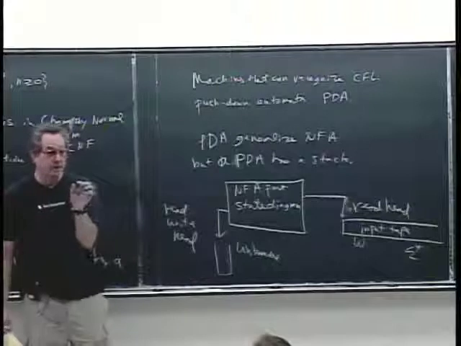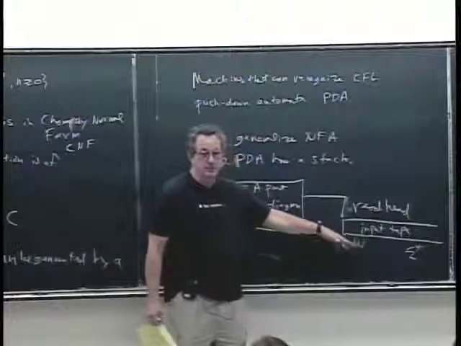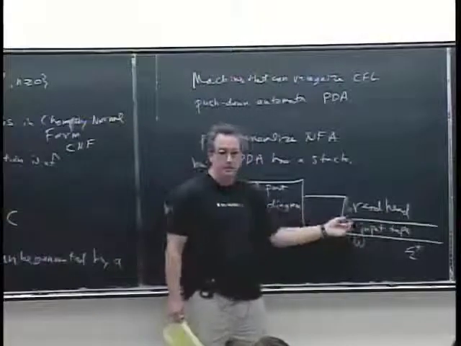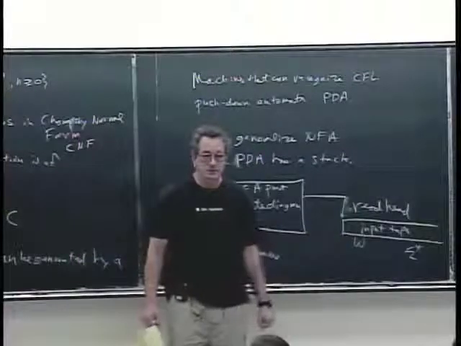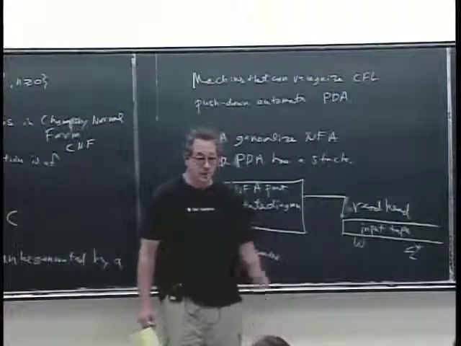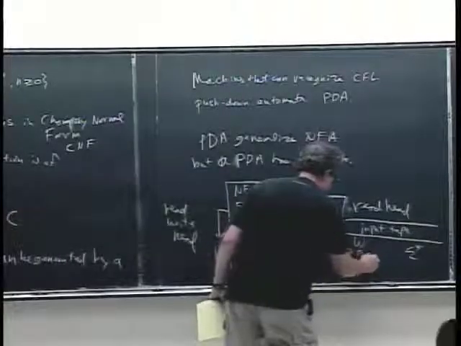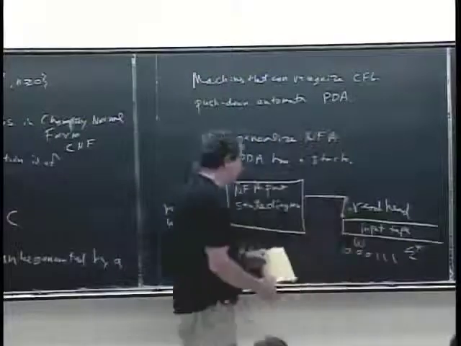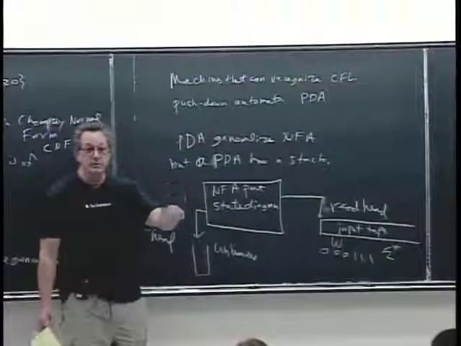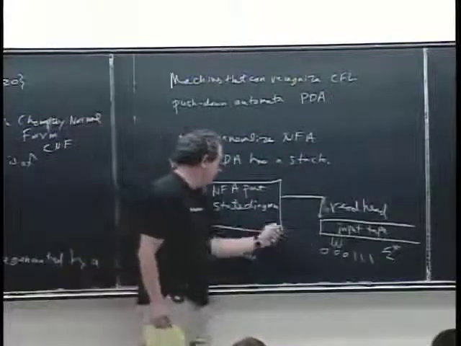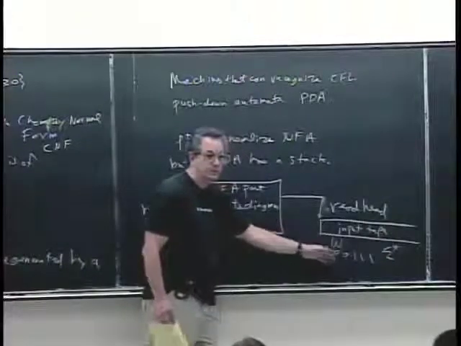A PDA, every time it reads a symbol, a character in the input tape, that symbol is consumed. So it doesn't have the ability to go back to anywhere it had previously been in the input tape. Well, what was suggested over here was the following kind of thing. I'll just do it with a little example. Let's say we have 0, 0, 0, 1, 1, 1. The general high-level intuitive idea was that the PDA is going to read characters, and when it reads one, it consumes it, so that character is gone.